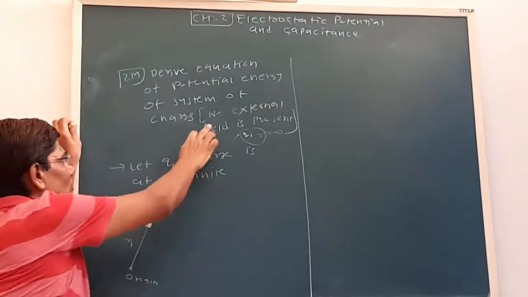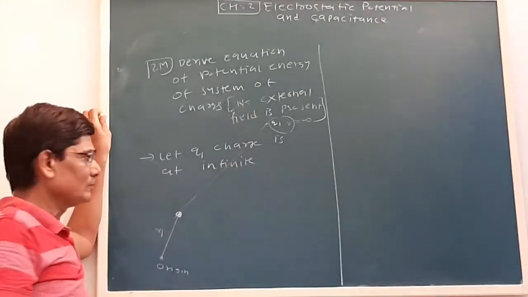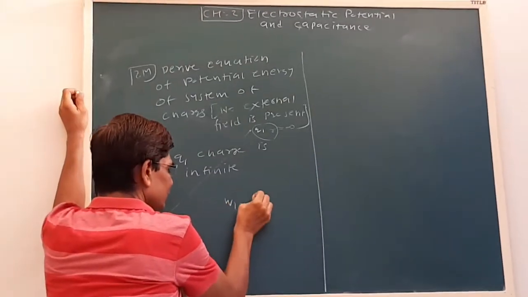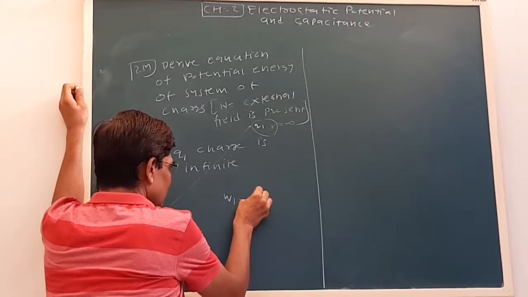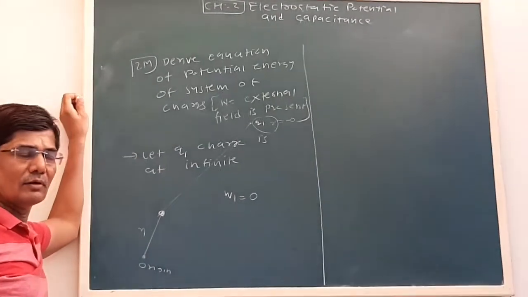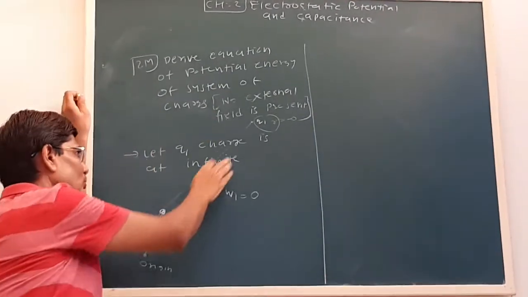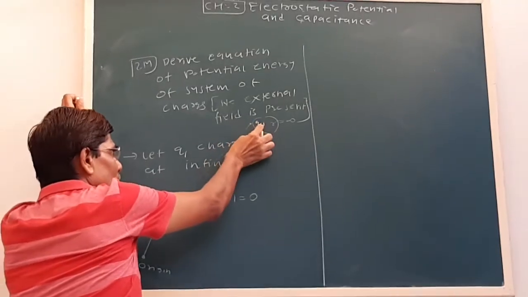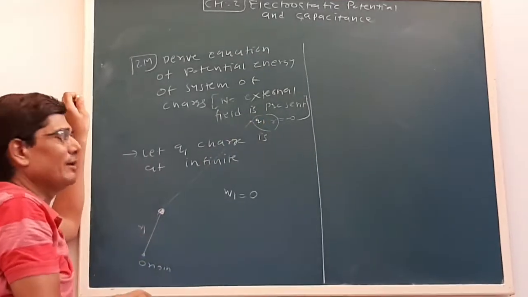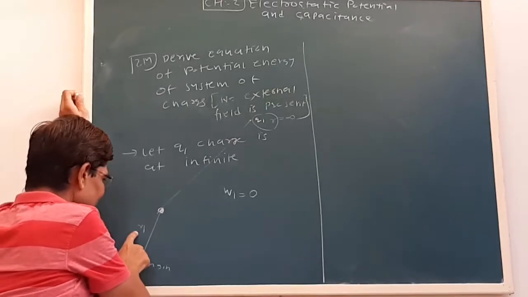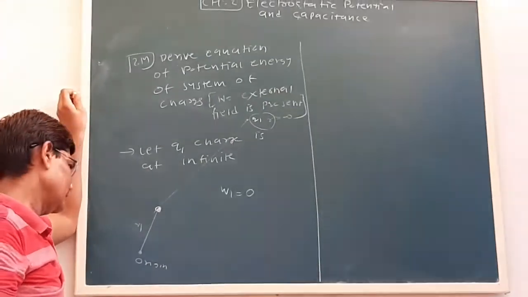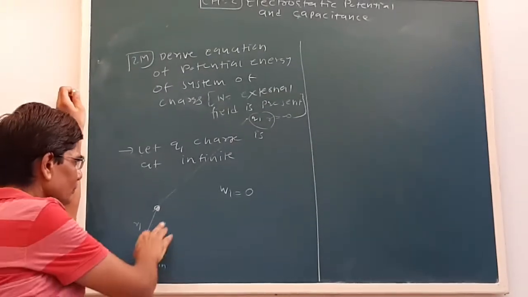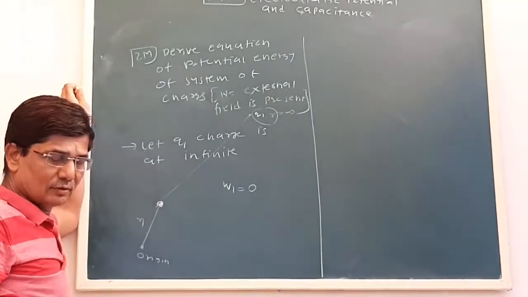Initially no external field is present, so the work done will be 0. Why? Because no external field is present. So the work done to bring this Q1 charge from infinite distance to the given point in the space will be 0.